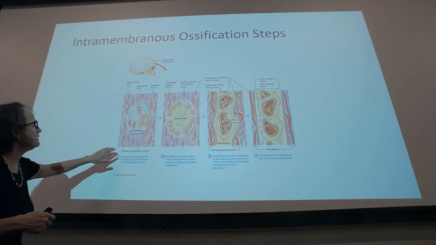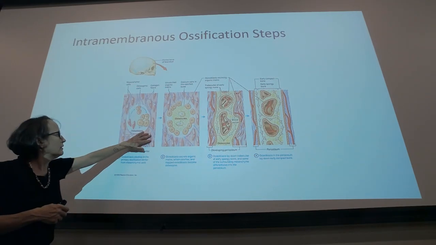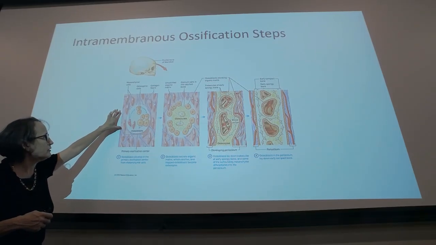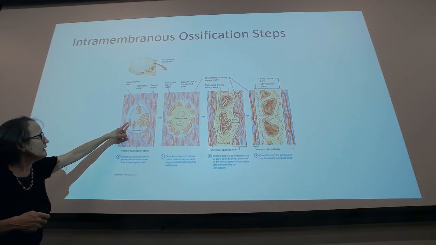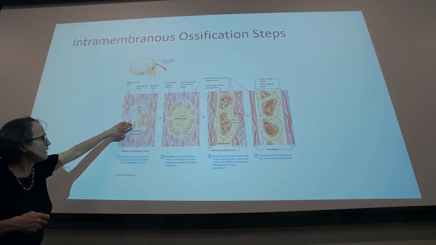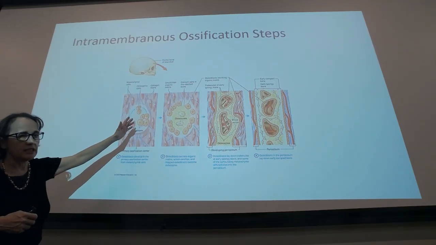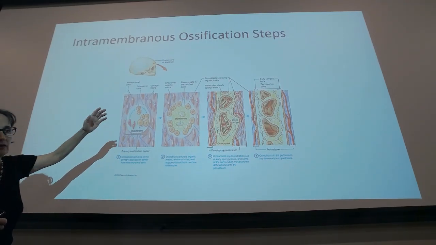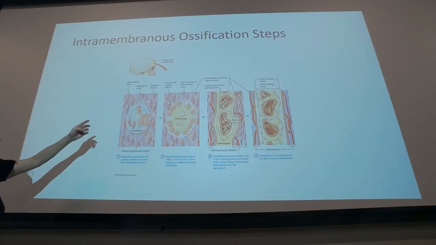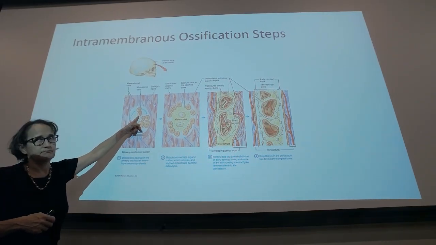We have these mesenchymal cells in this area, in the frontal bone, and they become a primary ossification center when they receive signals from the DNA telling them, okay, mesenchymal cell, you're going to become an osteogenic cell.